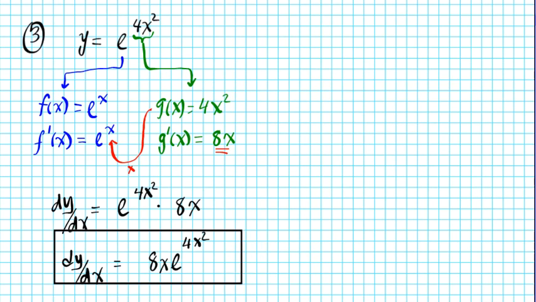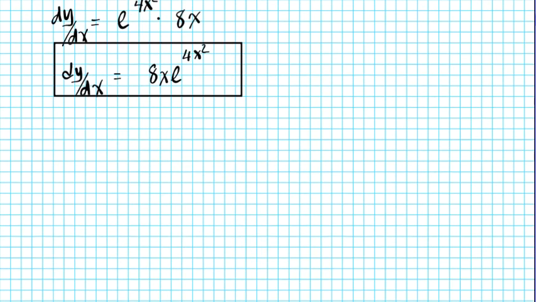All right. Okay, so let's take a look at the last one. Question 4. So let's go a little bit faster here. So we have y equals the natural logarithm of 2x squared.